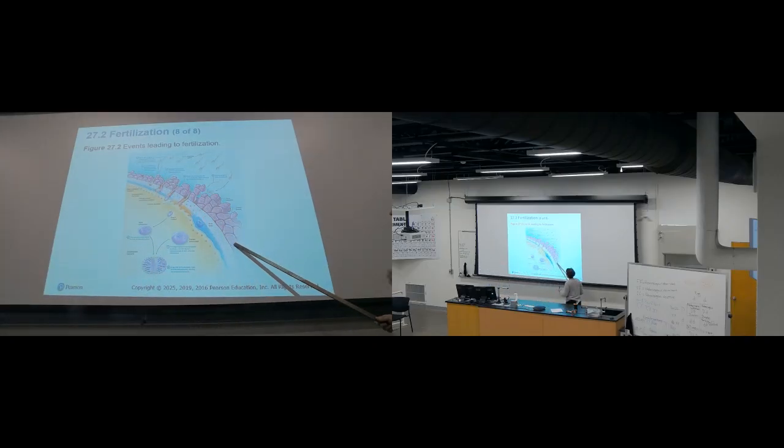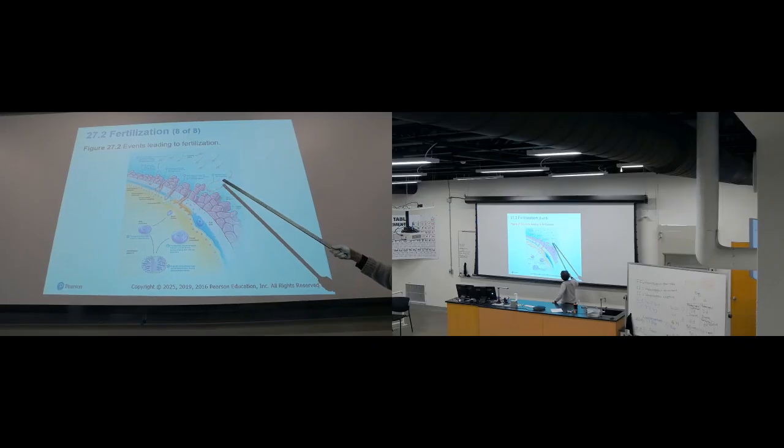Several sperm cells come and erode with the enzyme hyaluronidase. They have acrosin in these acrosomal bodies in the head. They will open up gaps between the corona radiata cells.